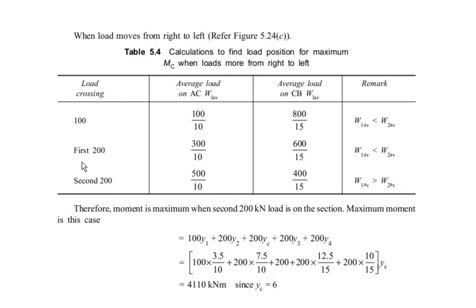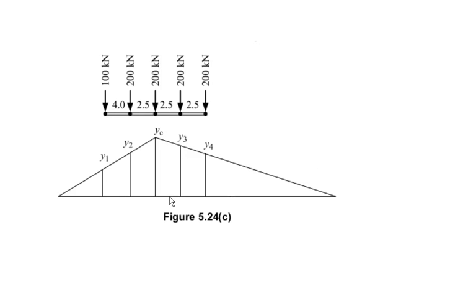So as per this table, our second 200 kilonewton load should be on the section C. So as in this figure, our second 200 kilonewton load will be on the section C, and the value of maximum bending moment at C can be calculated as 100 into Y1 plus 200 into Y2 plus 200 into YC plus 200 into Y3 plus 200 into Y4.